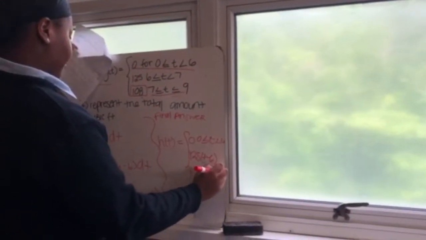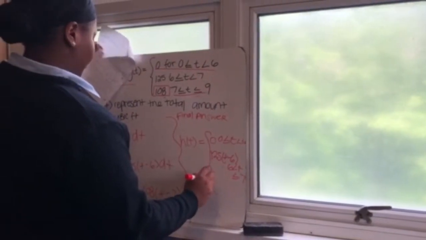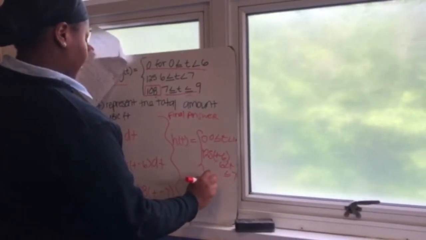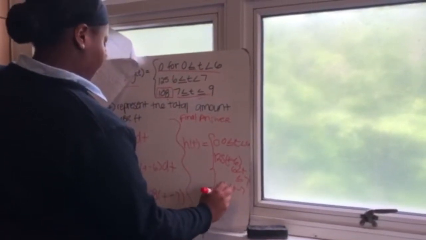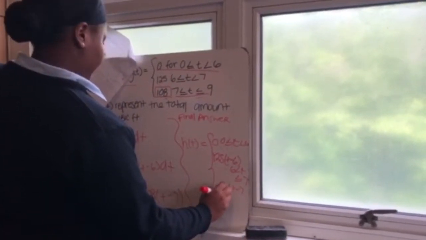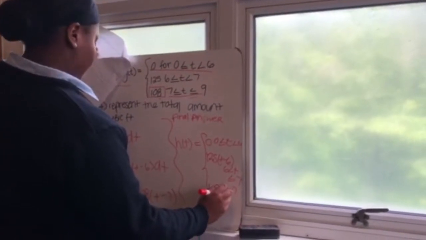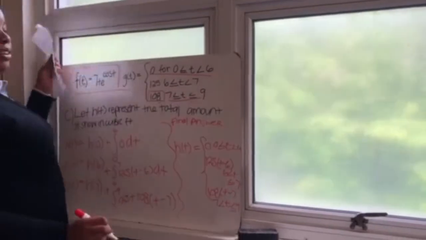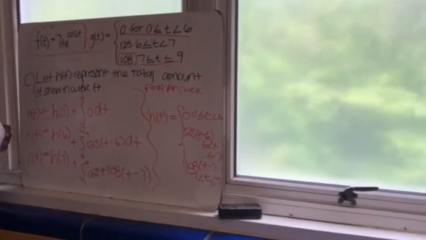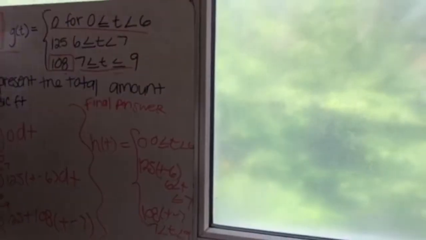Now once you have the bounds, you basically just take what you found and put it into a new piecewise function that is now going to be called h of t. So while I write that down, that will be your final answer, and you will also use this answer in part D. So this is very crucial and valuable that you know how to do this.